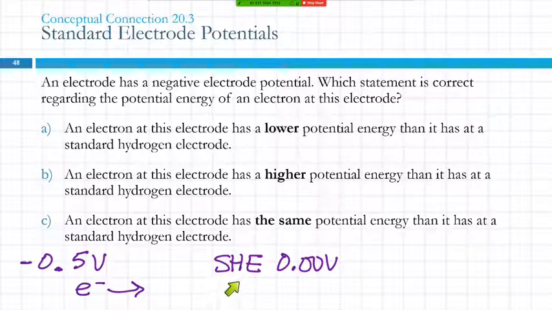They want to go to something that's more positive. And then we think about water. Does water flow from a low place to a high place, or from a high place to a low place? It flows from high to low, right? So the electron's wanting to leave. It's wanting to go from this place to that place. That means that this is higher potential and this is lower potential.